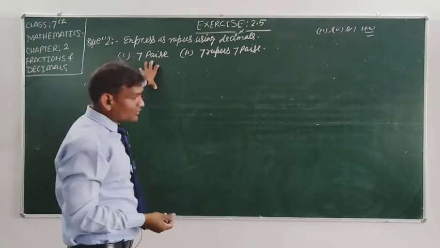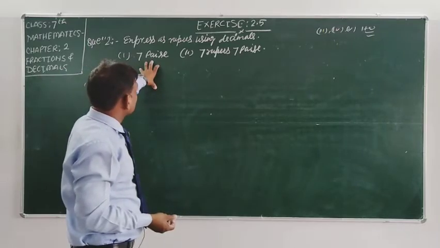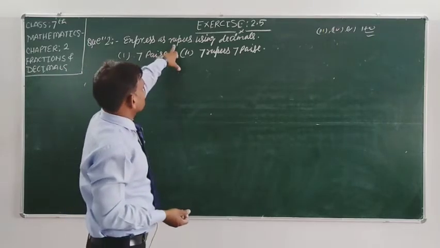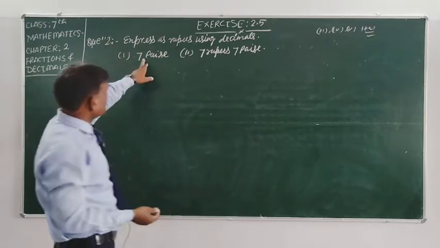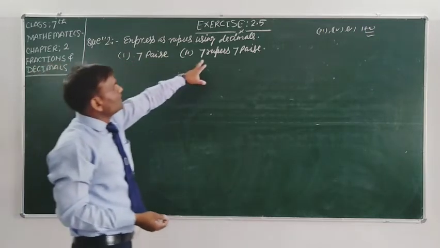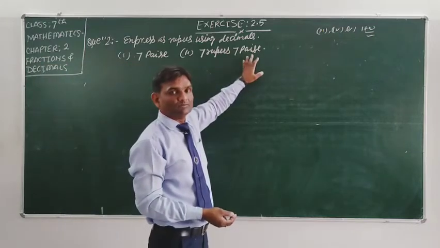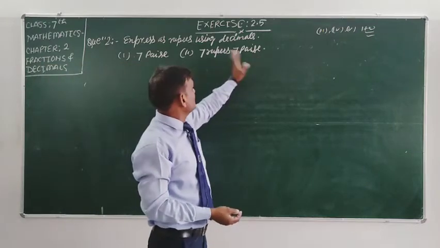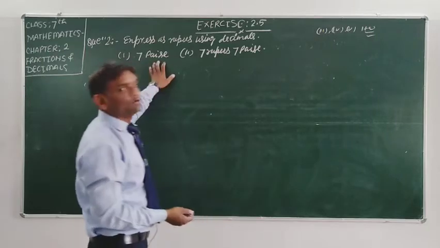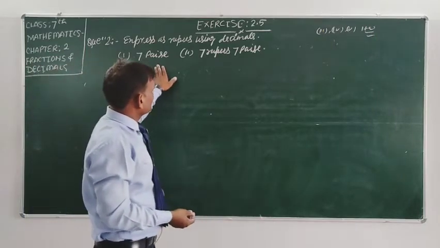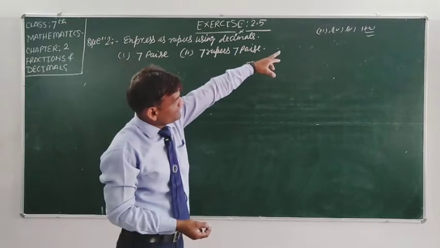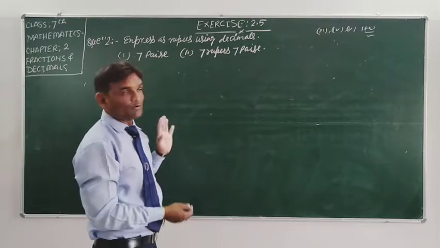Student, we require to convert the given values in rupees, and the given values are in paise and in rupees and paise both. As the same, you will solve parts 3, 4, 5 in your fair copy.